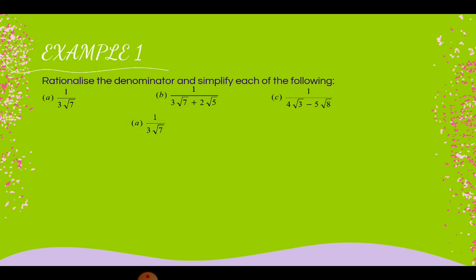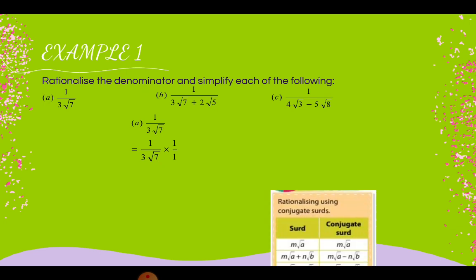A is 1 over 3 surd 7. You need to know that 1 over 3 surd 7 is actually the same as the product of 1 over 3 surd 7 times 1 over 1, fraction 1 over 1.